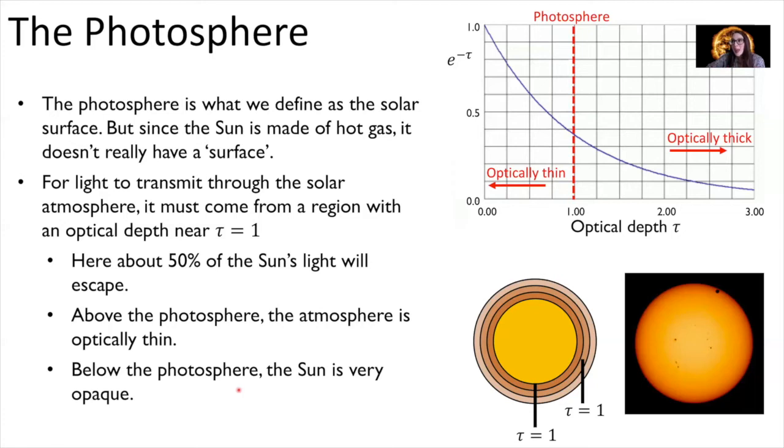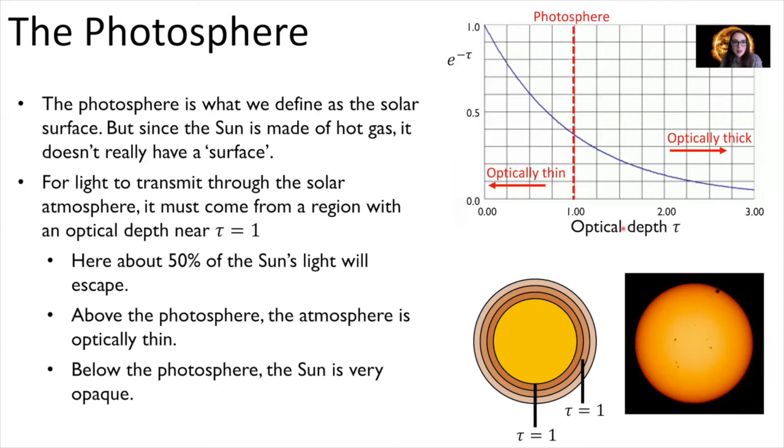So when I say opaque, opaque is something that you can't easily see through. And something that is optically thin, something that is not opaque, is something that you can easily see through. So here is what we define as the photosphere, with the optical depth of tau equal to 1, calling that our sun's surface, okay? And so everything below that, closer to the sun's interior, is what we call optically thick, okay?